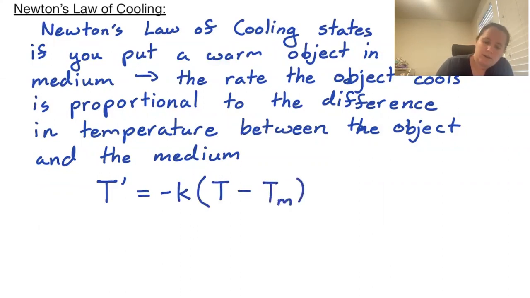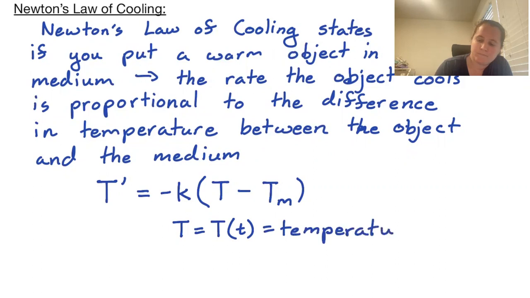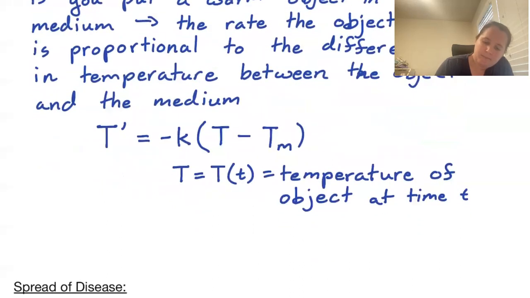Here T of lowercase t is the temperature of the object at time t, and Tm, which can be constant or can be a function of time as well, is the temperature of the medium.